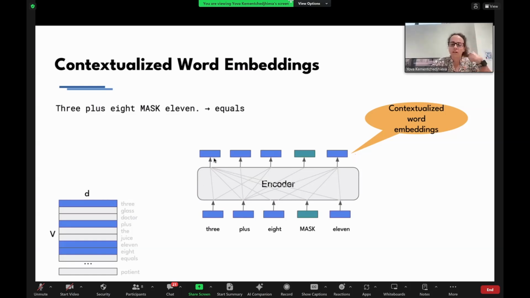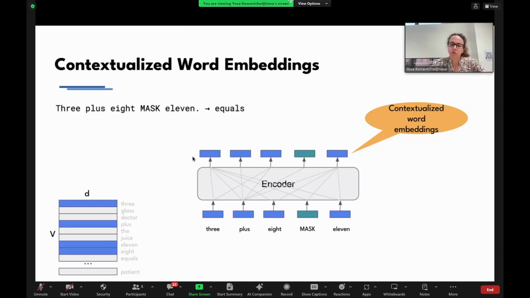So each of these now represents the original word with its semantics derived from the full text corpus, but also with contextualization with respect to the exact sentence in which we're observing it here. So the first contextualized word embedding here would be for the word 3 in the context of + 8 mask 11.